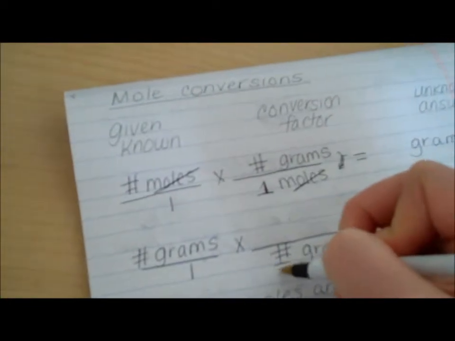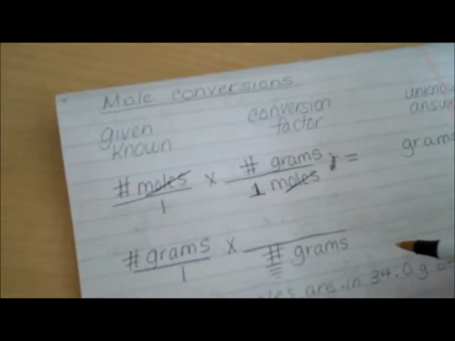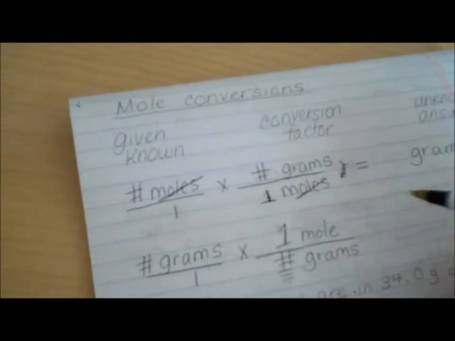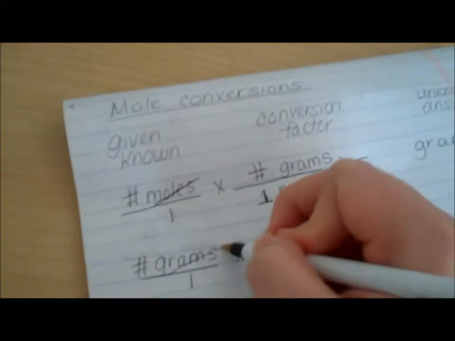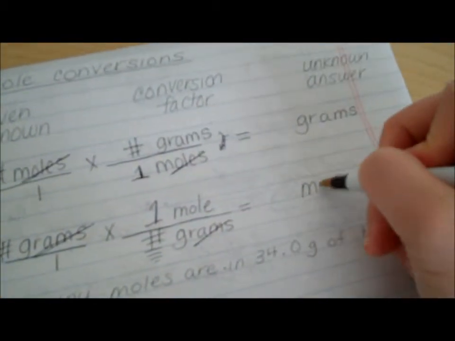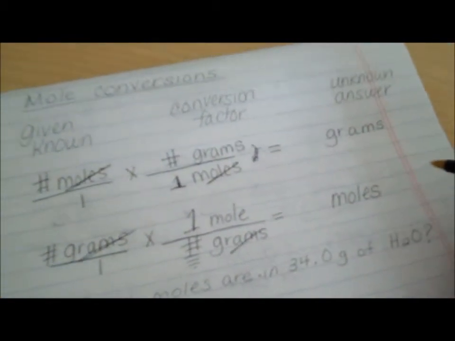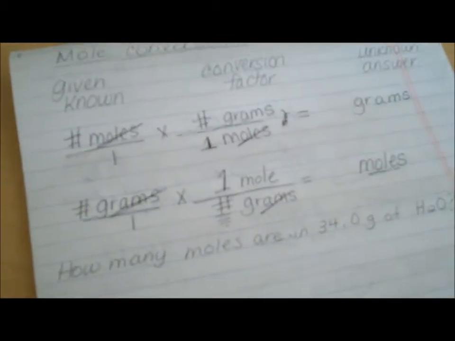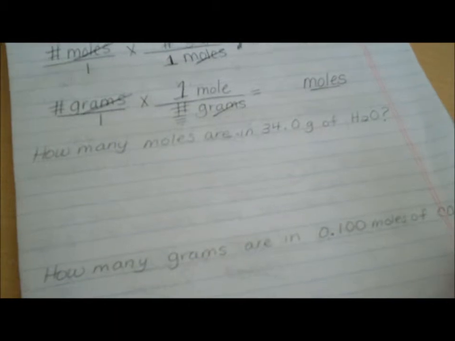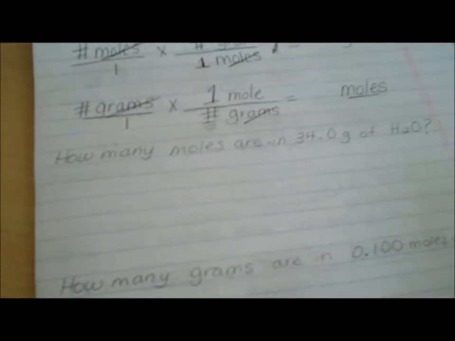Note that the number always stays with grams per 1 mole of whatever you have. So now our grams cancel out and our unknown answer is going to be in moles. Make sure that you do not forget your units throughout because we'll eventually be getting to 1, 2, and 3-step problems when we get to stoichiometry.